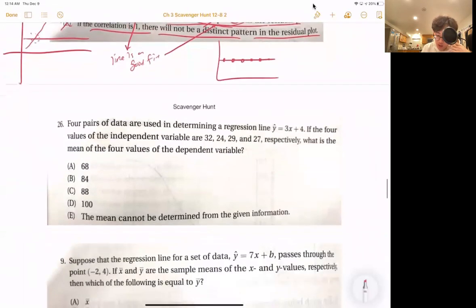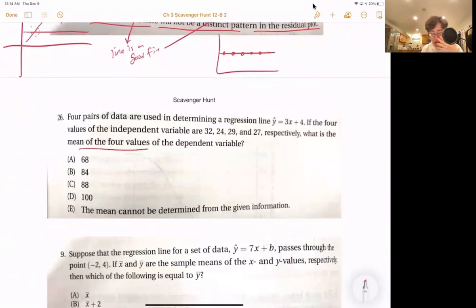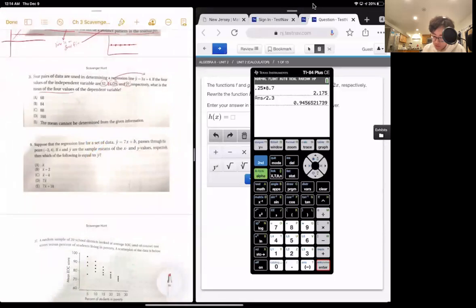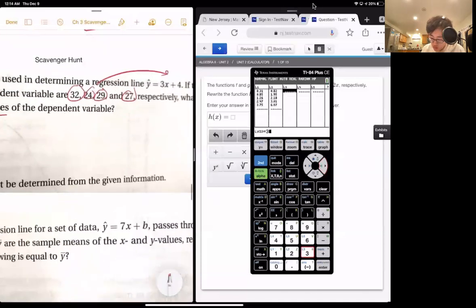Four pairs of data are used in determining that. What is the mean of the 4 values? We did a very similar question on one of the variance tests. What we have to do is plug these values into our x's. I think the fastest way is to use the lists. I'm going to use list 3 as 32, 24, 29, and 27.